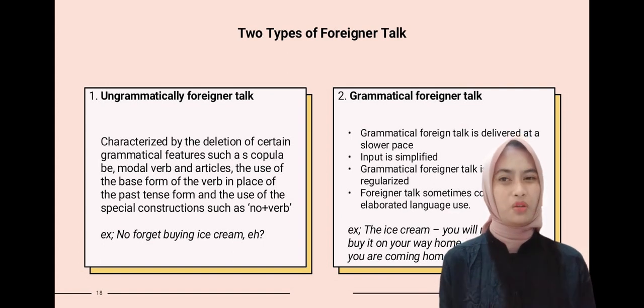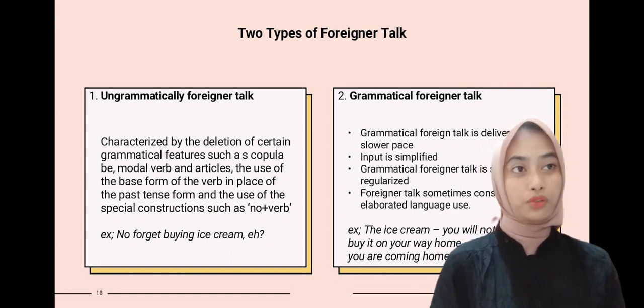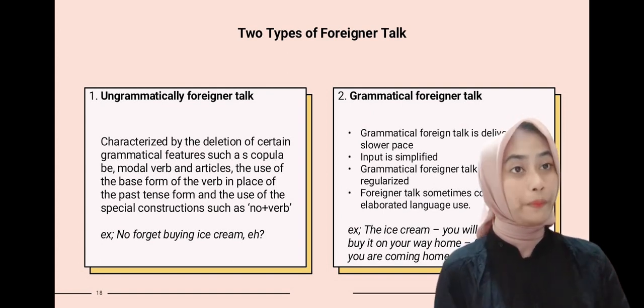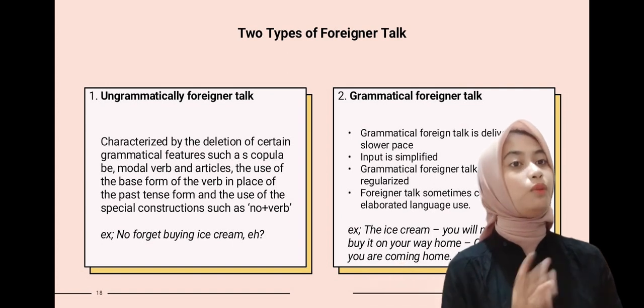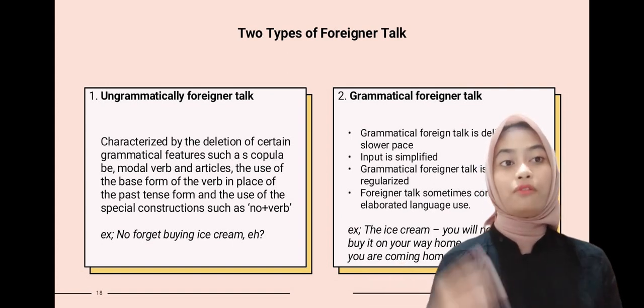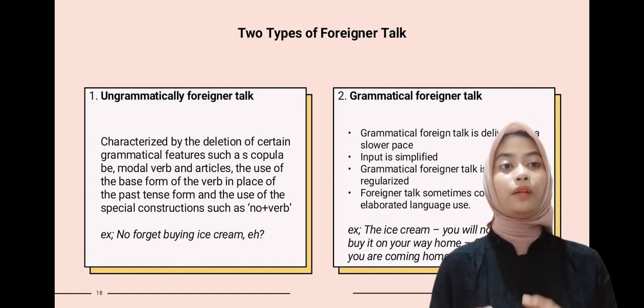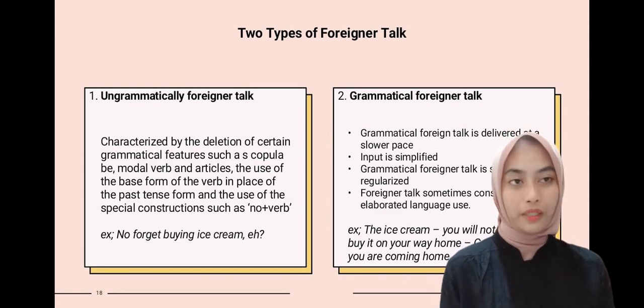For example, "No forget buying ice cream, ya." Grammatical foreigner talk is delivered at a slower pace. Input is simplified. Grammatical foreigner talk is sometimes regularized. Foreigner talk sometimes consists of elaborate language use. For example, "The ice cream, you will not forget to buy it on your way home. Get it when you are coming home, right?"